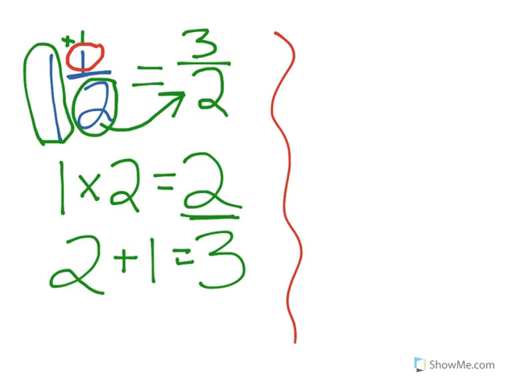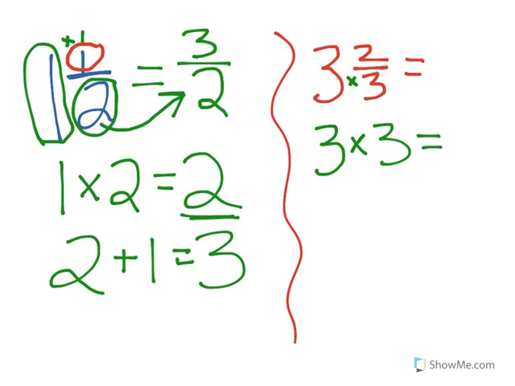So let's just look at another kind of problem like this. If you have 3 and 2/3 and you want to convert it into a fraction that's greater than 1, you're going to take your whole number of 3, multiply it by 3. So 3 times 3 equals 9.